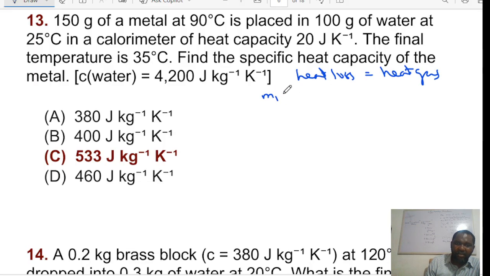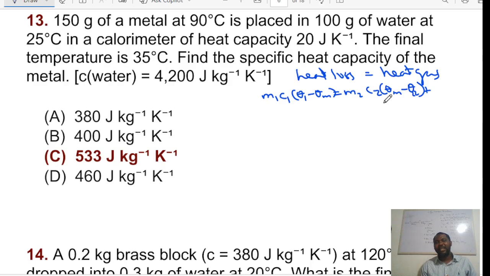So I'm going to say M1 C1 theta 1 minus theta m is equal to M2 C2 theta m minus theta 2, but plus, that means heat gained by the water plus the heat gained by the calorimeter, because the container, the calorimeter contained water earlier. Now you are going to add that of the calorimeter, which is going to be M3 C3 times theta m minus theta 2.